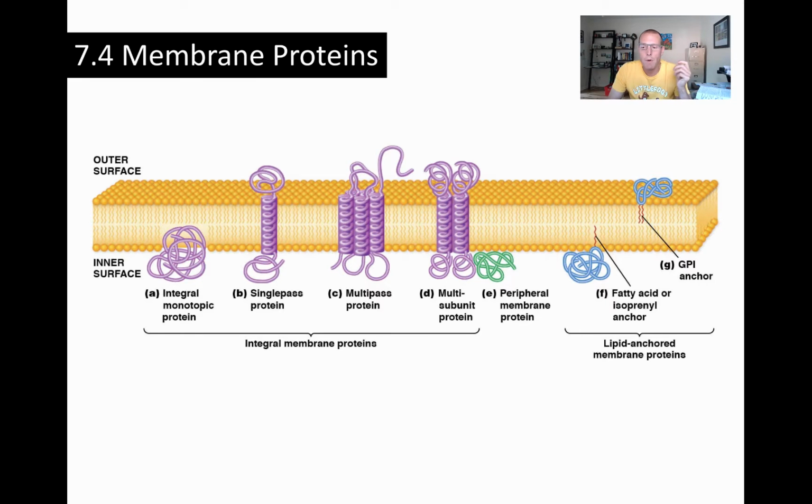Integral membrane proteins are said to be embedded in the lipid bilayer, and they have extensive hydrophobic regions. Here's a monotopic protein, only half embedded into the membrane. This is a single-pass integral membrane protein, a multipass protein, and then here there's a protein which has one transmembrane segment, and it's forming a dimer, and it's associated with a peripheral membrane protein.